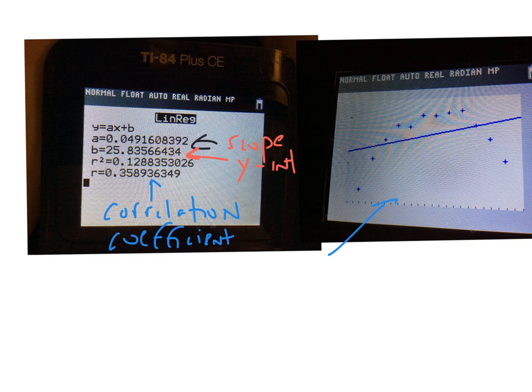Now, if you look at your data and all of your points, this line doesn't really represent those points well at all. The points increase and then decrease, and drawing a line with a positive slope doesn't really represent what's going on with those points. This R value tells you the strength of your relationship.